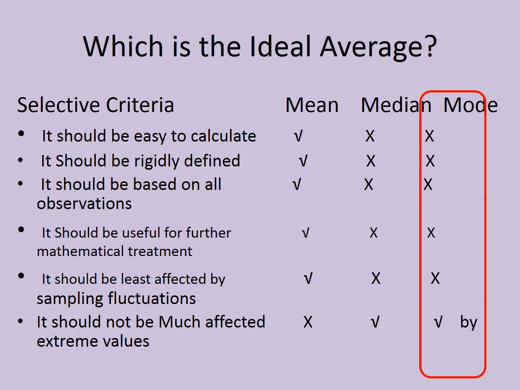Then median and mode are both useful for qualitative and quantitative types of data. Again, they are not affected by the extreme values. So when your data set has extreme values, too high or too low, in that case median and mode are very useful measures of central tendency.